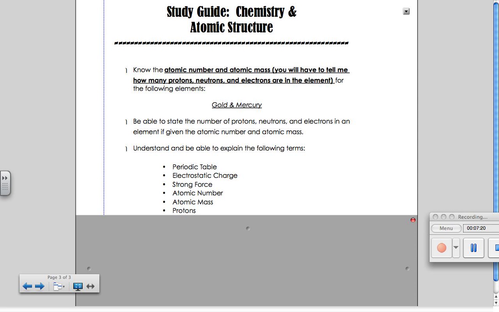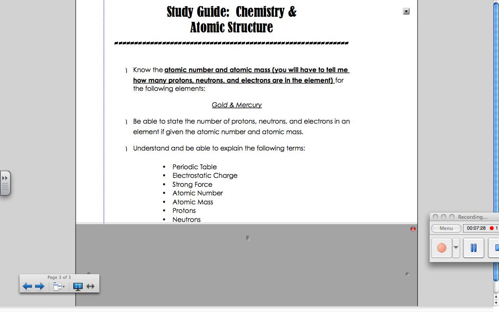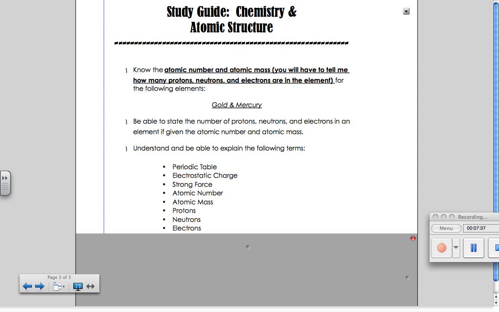Protons, remember, carry a positive charge, positive for protons, and they are found in the nucleus. Neutrons carry a neutral charge, and they are also found in the nucleus. Electrons are found outside of the nucleus. They kind of fly around the nucleus, or in the atom, if you want to say that, and they have a negative charge.